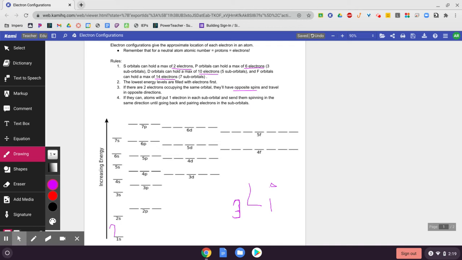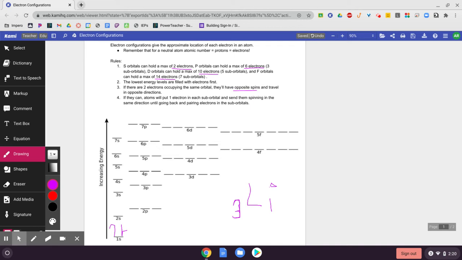Now I need to fill up this orbital before I can move on, so the second electron is also going to go in the 1s orbital. And I can show that they're spinning in opposite directions by making this arrow point down. Now, this orbital is now full because it's an s orbital and it can only hold 2 total electrons.